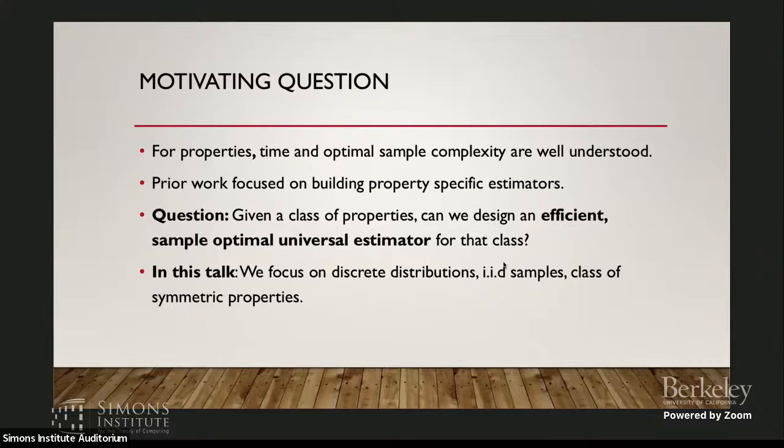What we study is, given some class of properties, can we design an efficient, sample optimal universal estimator for that class of properties? In this talk, I will mainly focus on discrete distributions, and I'll assume that my samples are IID, and the class of properties we'll be estimating are so-called symmetric properties that I'll define in a minute.